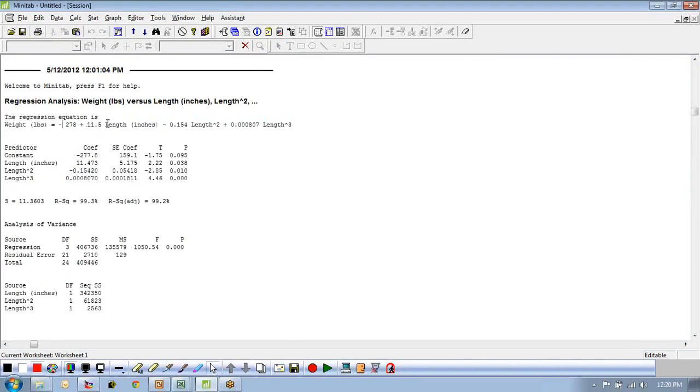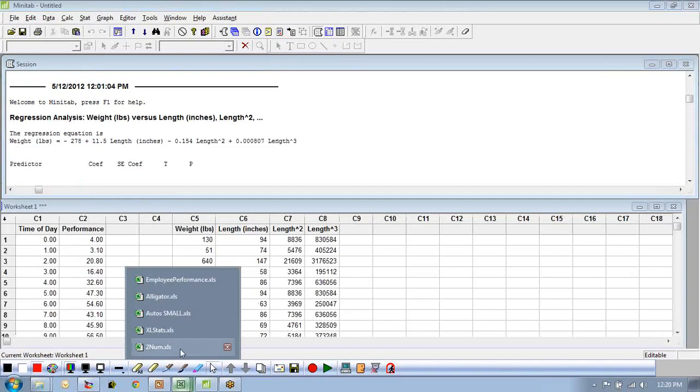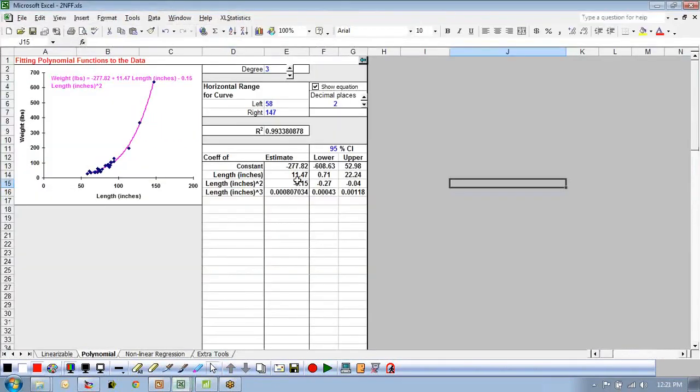278 plus 11.5 times length plus minus 0.15 times length squared, and so forth. 0.00807. We'll see that that's actually the same as what was in the Excel Stats right there. See, 0.000807, minus 0.15, 11.47, which is basically the same as 11.5, and 277.8.